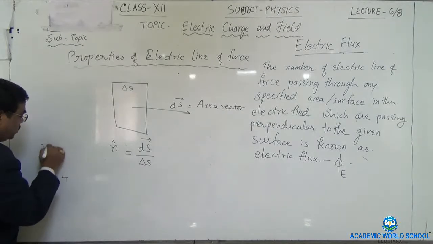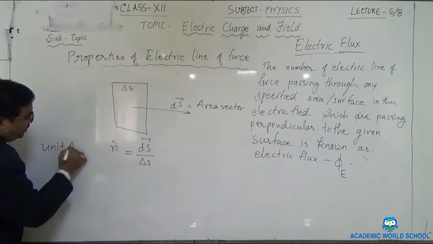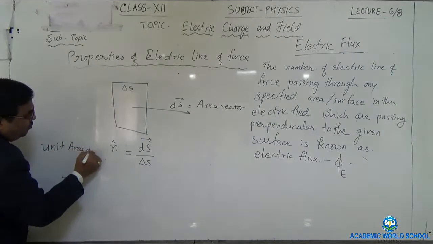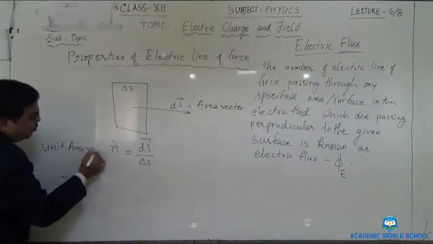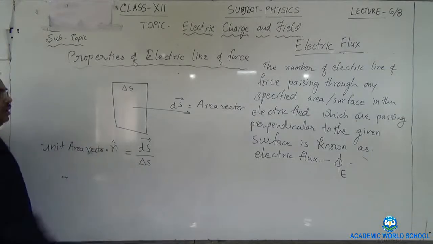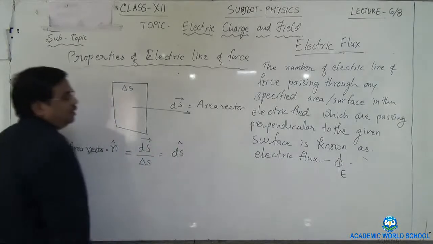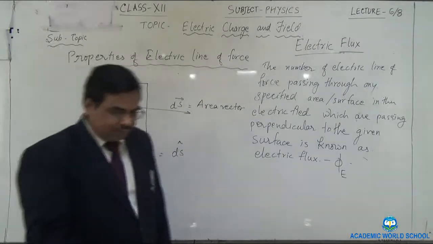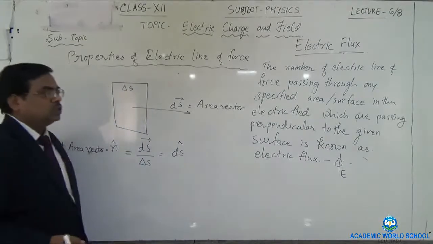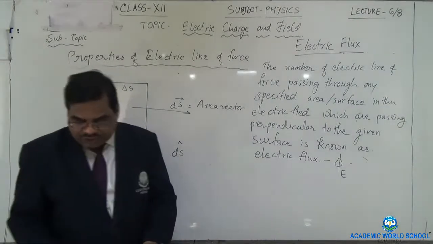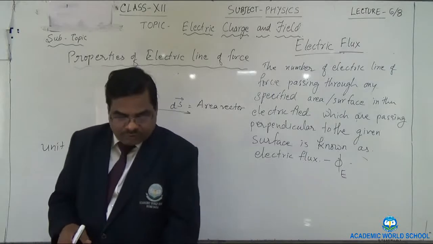So this is unit area vector n, also denoted by ds n cap. So write down the definition of area vector.